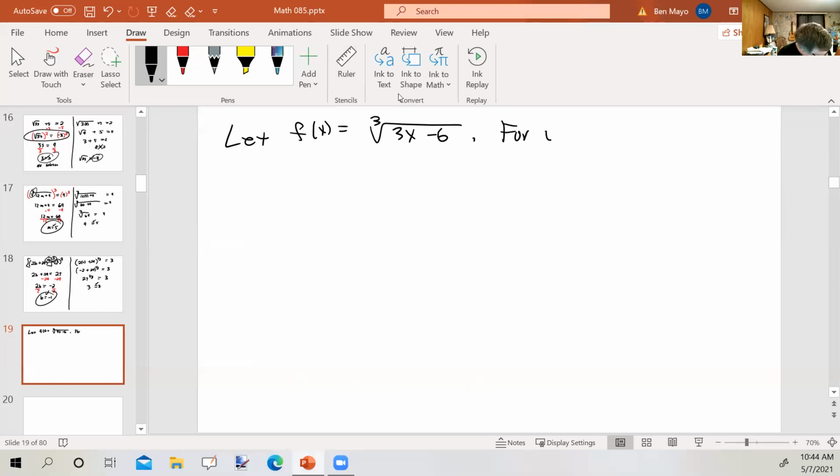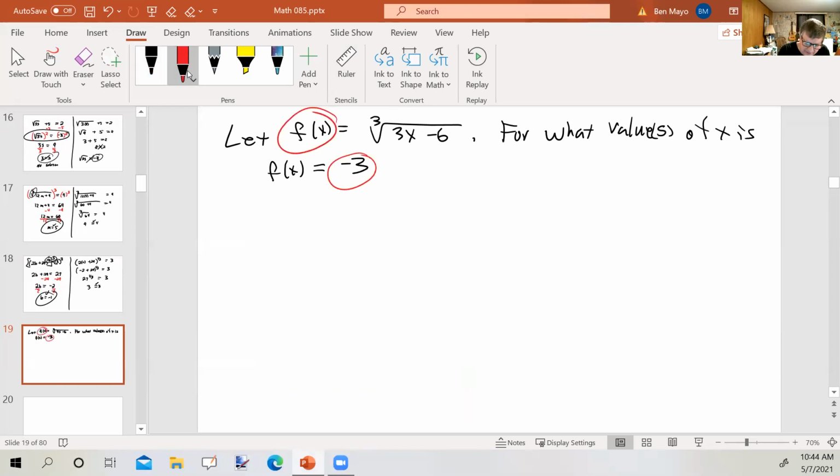For what value or values, depending, of x is f of x equal to -3? So we're not putting -3 in the place of x, we're putting -3 in the place of f of x. So now our equation becomes -3 equals the cube root of the quantity 3x minus 6.